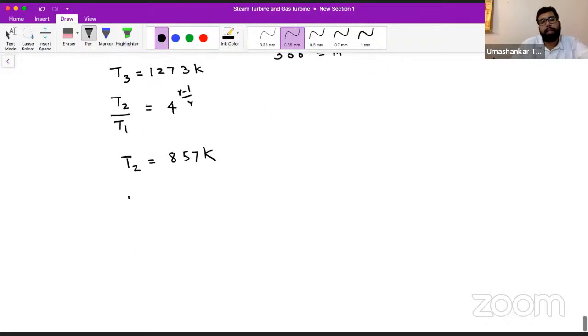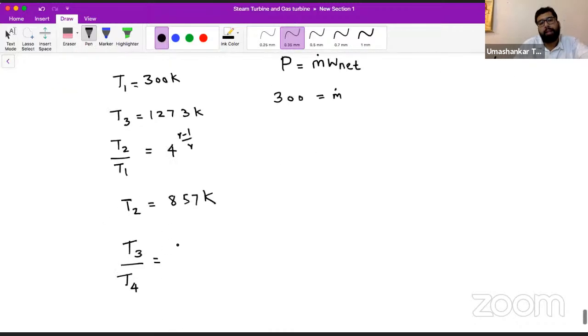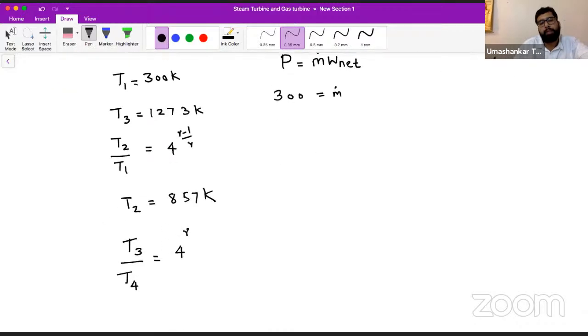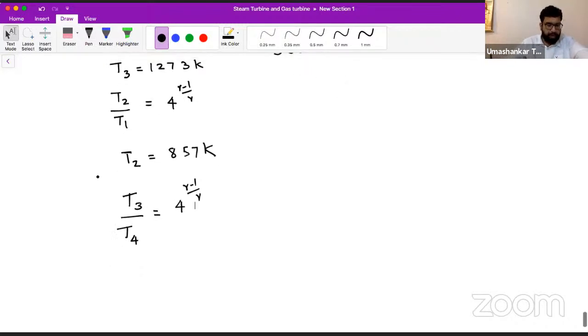Similarly, doing this for T3 by T4, the pressure ratio is again to the power (gamma minus 1) by gamma, or you can simply equate T2 by T1 with T3 by T4 and you will have your answer. We have T3, so from here we can find T4.